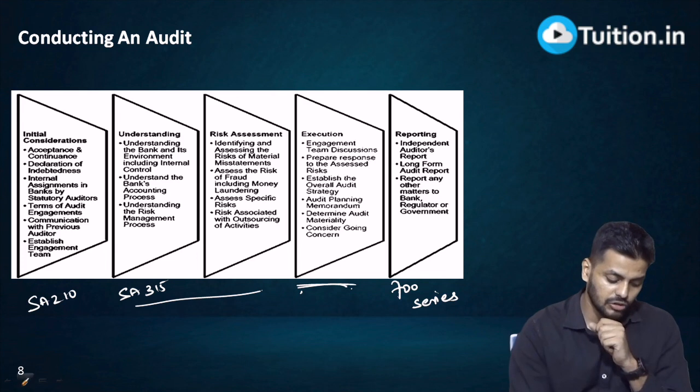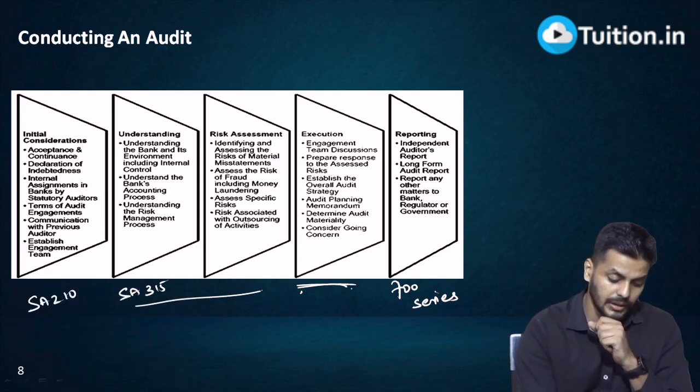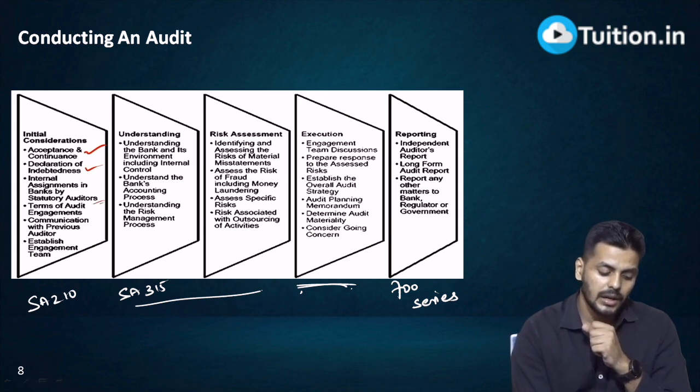So look at some initial considerations. As you see, some initial considerations right here. Acceptance and continuance, declaration of indebtedness, you can't be indebted, right? And internal assignments in banks by statutory auditors, have you held any? Terms of audit engagement, communication with the previous auditor, it's an ethical requirement. And establish an engagement team.